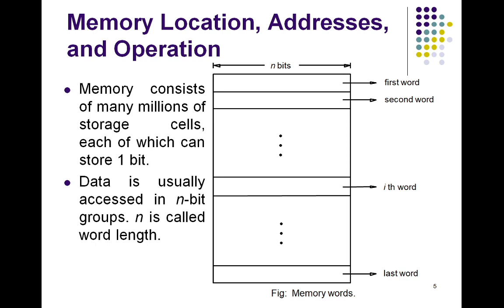Modern computers have word lengths that typically range from 16 to 64 bits. If the word length of a computer is 32 bits, then a single word can store 32 bits of information, which is a 2's complement number or 4 ASCII characters.